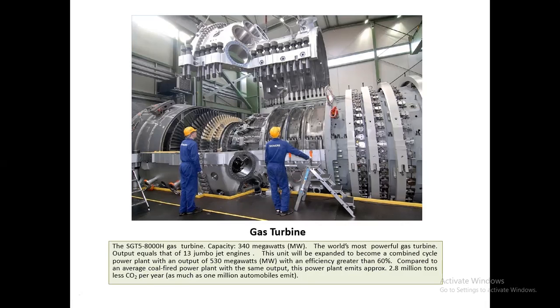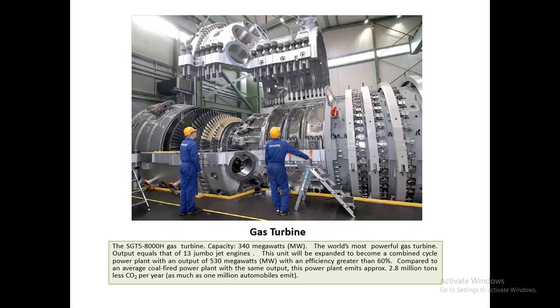This is the main thing, that the best way is to use a combined cycle power plant instead of the conventional thermal power plant. That's the reason most developed countries are moving toward the technology of combined cycle power plants as compared to conventional thermal power plants. We in Pakistan are relying on thermal power plants.